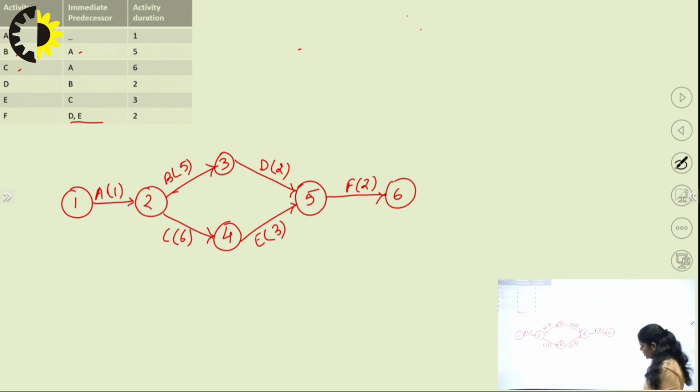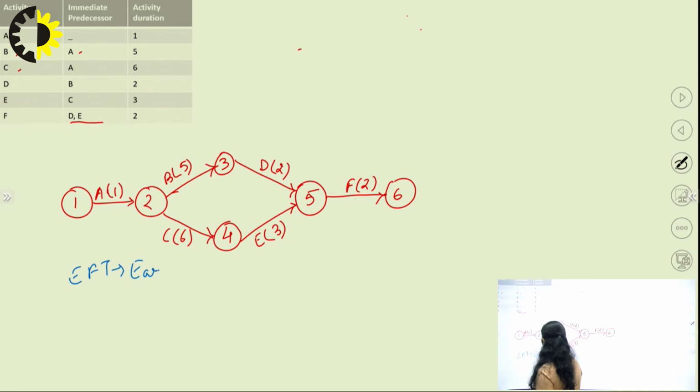Now what we will do, we will find out the EFT and the LFT. EFT is basically earliest finish time and LFT is basically latest finish time.